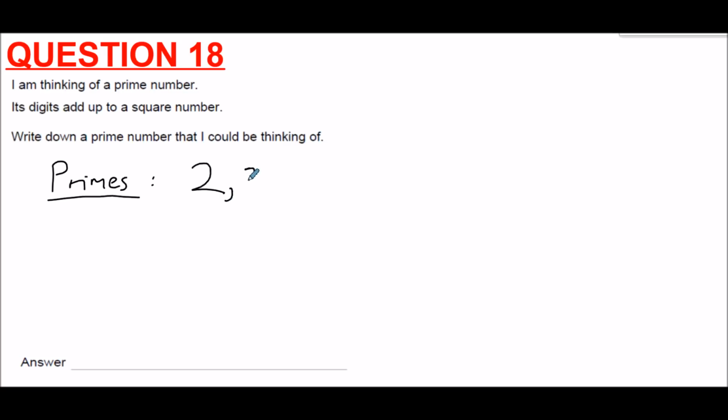After 2 would be 3. After 3 is 5, 7, 8 isn't, because it can be divided by 2 and 4. Just to recap, a prime number means a number that can only be divided by 2 different things.